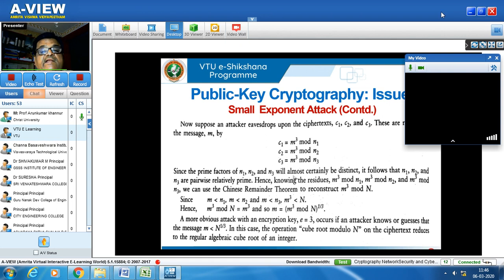Now suppose an attacker eavesdrops upon the ciphertext. What do you mean by eavesdrops? Eavesdrops in the sense whenever I am interested in sending any message, or whenever I am using my internet banking application on mobile to carry out any activity, what keys and other things I enter on the system is always encrypted.